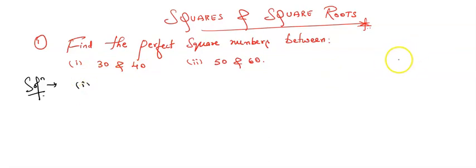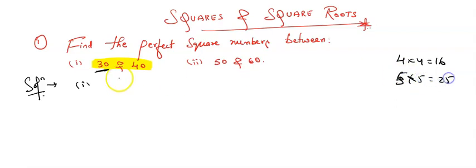Let me check. 4 4s are 16, but we want above 30, and 16 is very less. Next, 5 5s are 25. We want above 30. You can take 6 6s are 36. Yes, 36 is lying between 30 and 40, right?